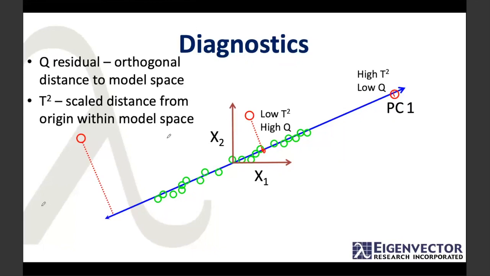Now, if I go in the other direction out here, this is a sample which is quite far from the blue line, has a high Q residual, not explained well by the model.